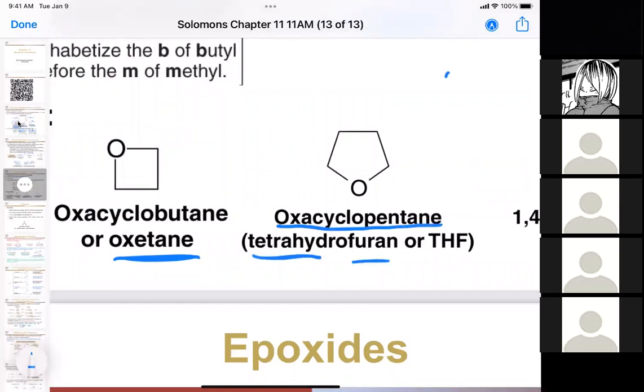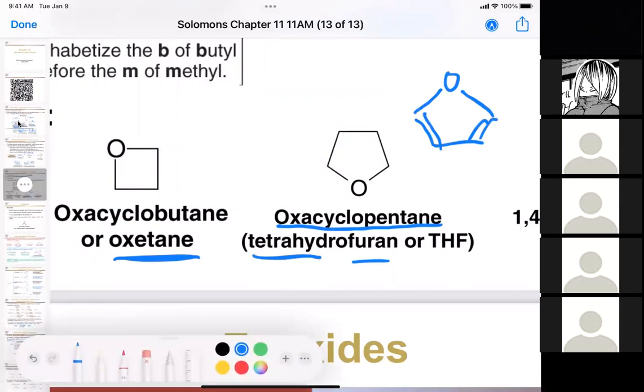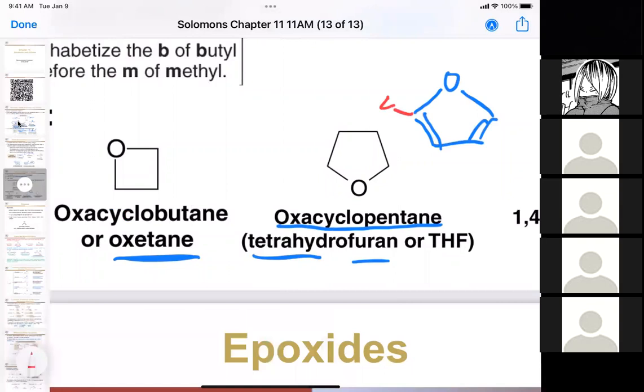And that's because it's made from this heterocyclic compound called furan. And what we're doing is we're adding 4 hydrogens to it, which gets rid of the double bond and makes it tetrahydrofuran, or THF. This is an important one to remember because this is one of our solvents.